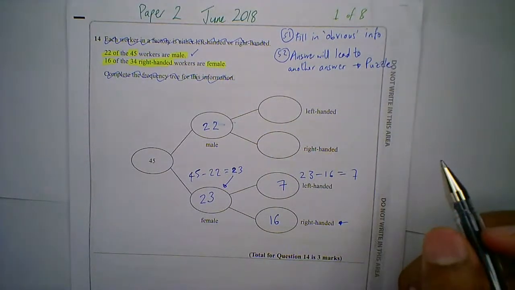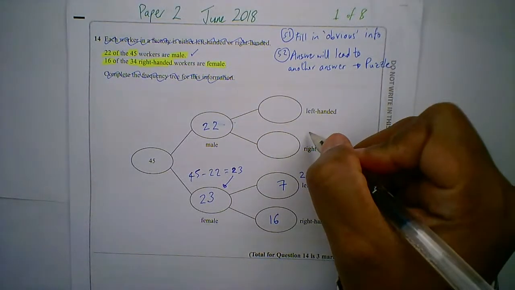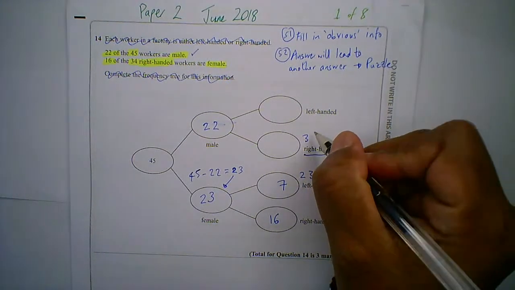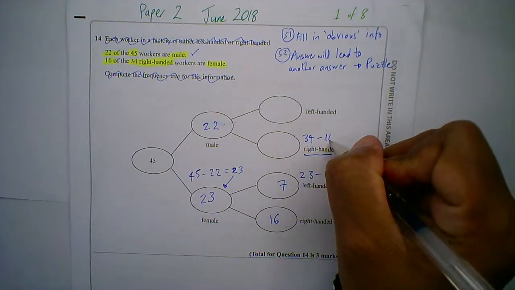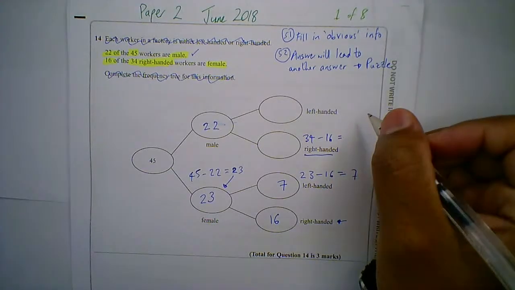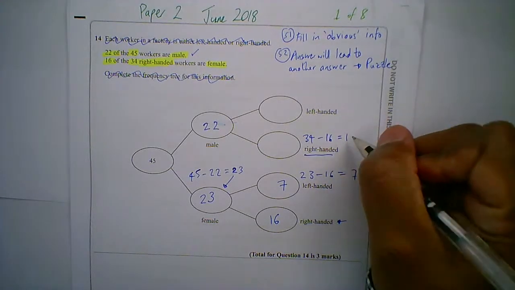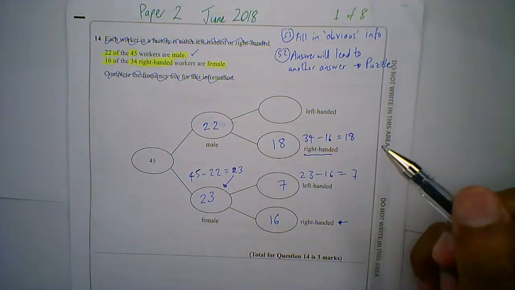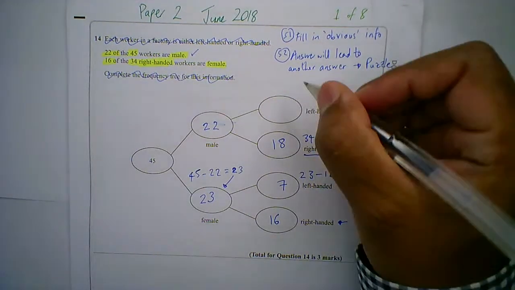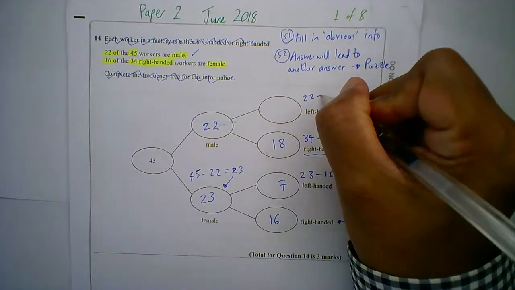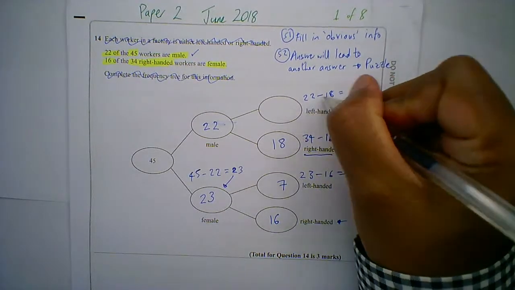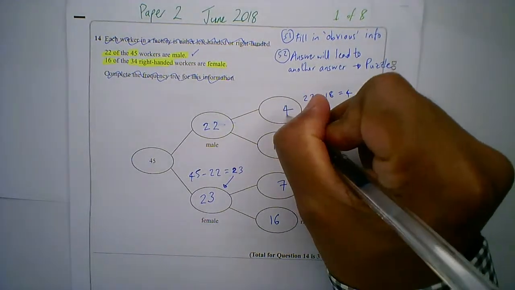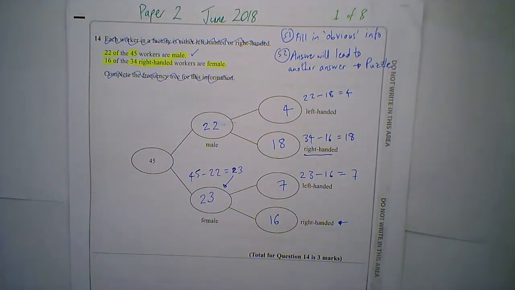So we can work this one out, right-handed: 34 take away 16. That gives us 18. So 18 goes in here. And if this is 18, we can now work out this box, which is 22 take away 18, which gives us 4. And that is my final answer.